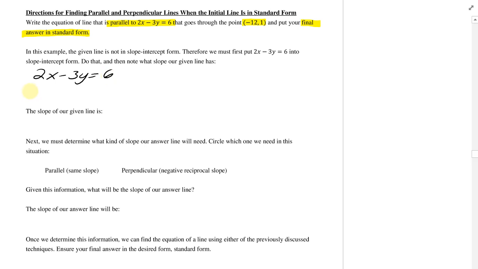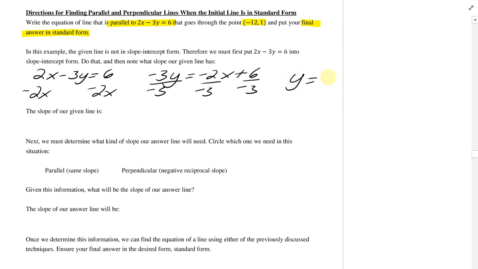Hit play when you're ready. So I'm going to subtract off the 2x. So I get -3y equals -2x plus 6. Divide each side by -3. And I get y equals, this becomes positive 2/3 x minus 2.